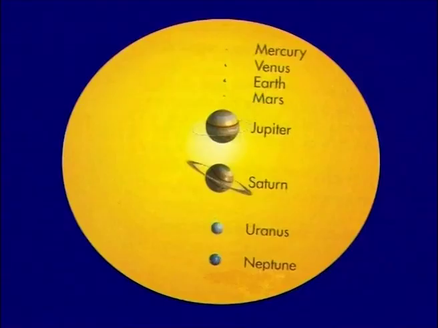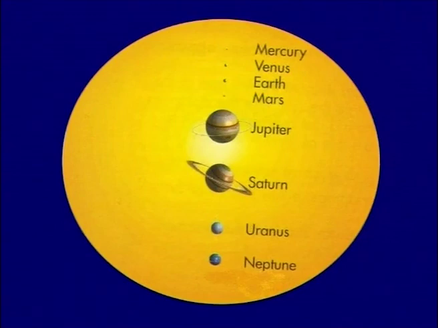So we shall go to our summary. That's our summary. Have a look at the real object of the planets and the sun.